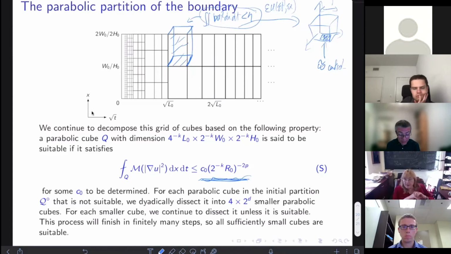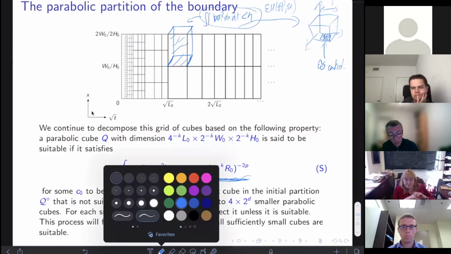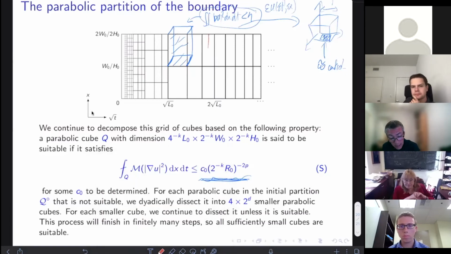But if it's too big, then you chop it, right? And you chop it. And then you measure again above. Maybe I won't do another picture, well, just once. So you measure again the energy that you have above.